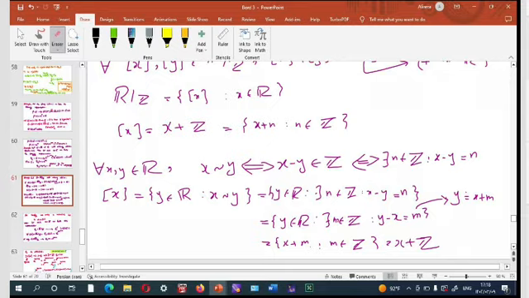Okay, so the elements of this quotient group are the left cosets of Z, or the set of all equivalence classes by this relation.